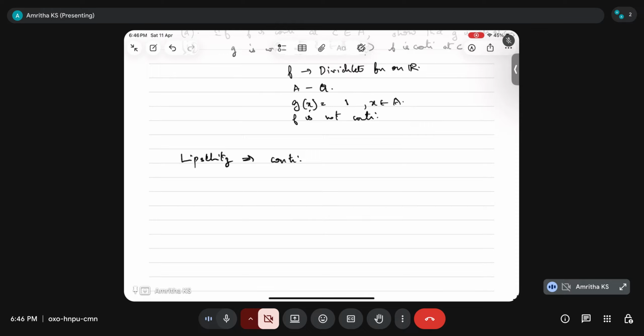Sorry, Lipschitz implies uniform continuity. But it is not the case that the other way is true. Let's see an example for that.